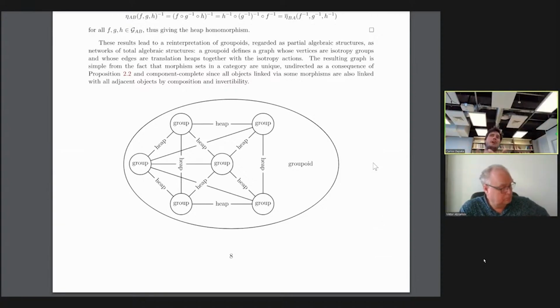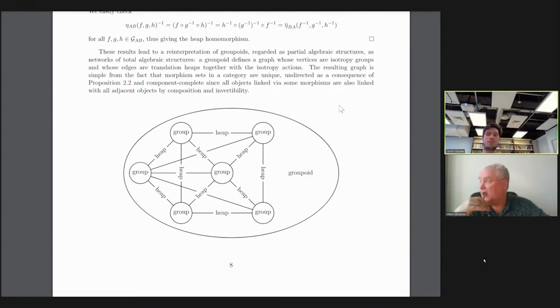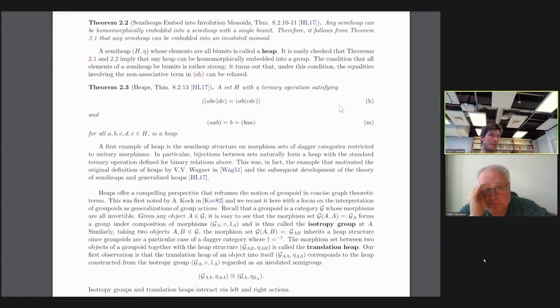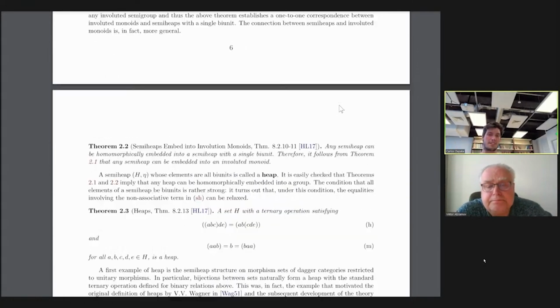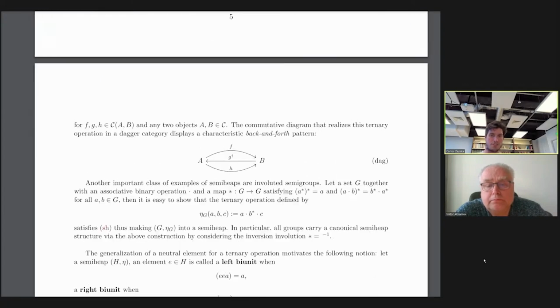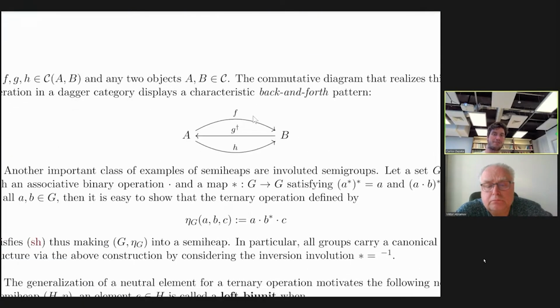So I'm not giving you much of an example, but I'm giving you what I think is the natural space for these things to happen. Maybe you've heard of dagger categories before. Dagger categories are the natural environment of semi-heaps, because the most minimal example of a semi-heap is this construction where you have two objects, A and B, and three morphisms, F, G, H, going in the same direction.